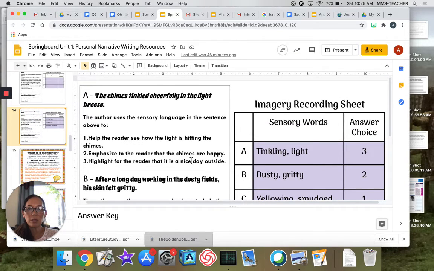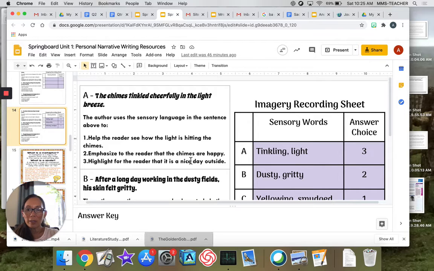So let's read the sentence and let's see what question is attached to the sentence. Here's the sentence that uses sensory words: the chimes tinkled cheerfully in the light breeze.